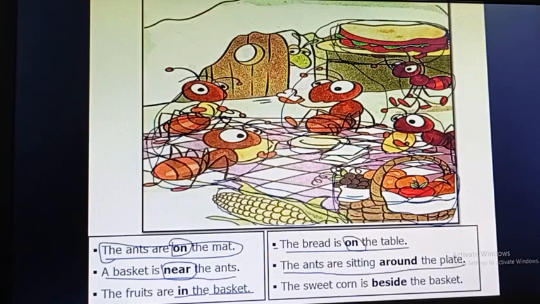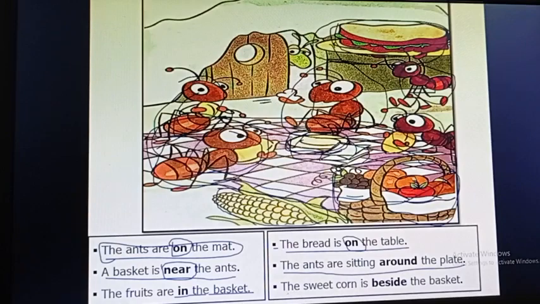See, this is the plate, as I am marking. These ants are sitting around. Here one ant, here another ant, here another ant. These ants are sitting around the plate.